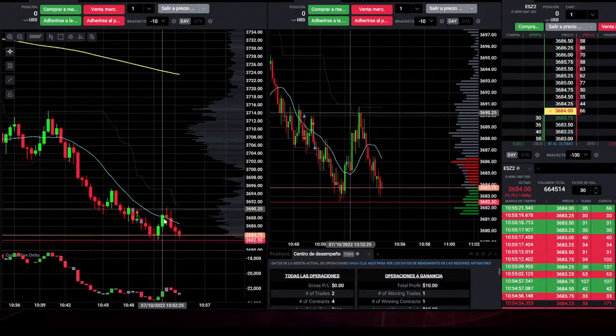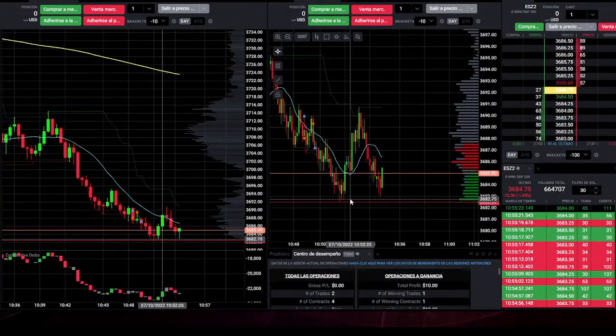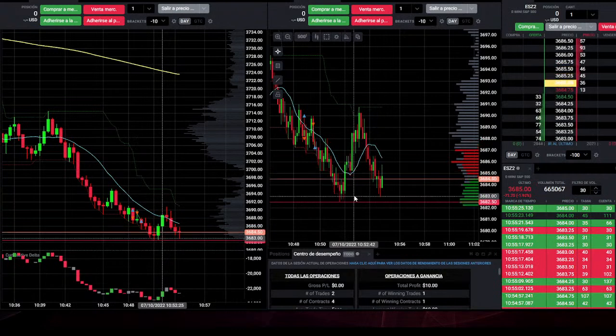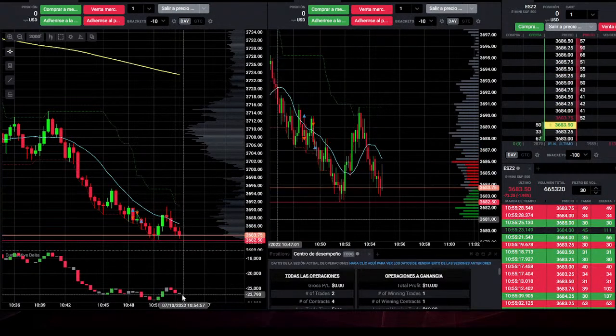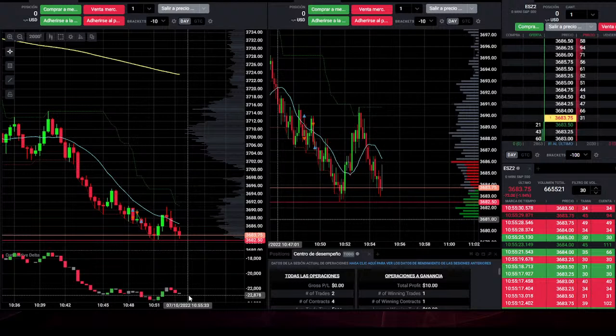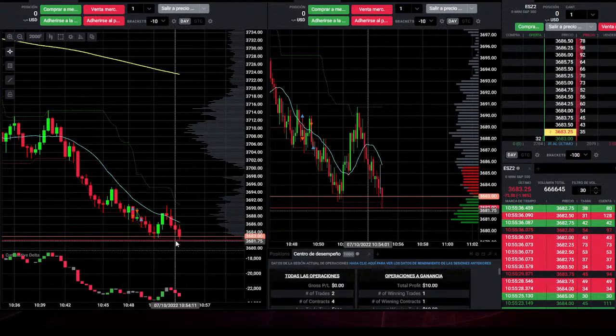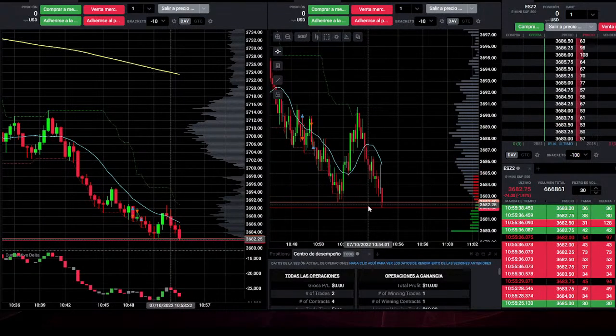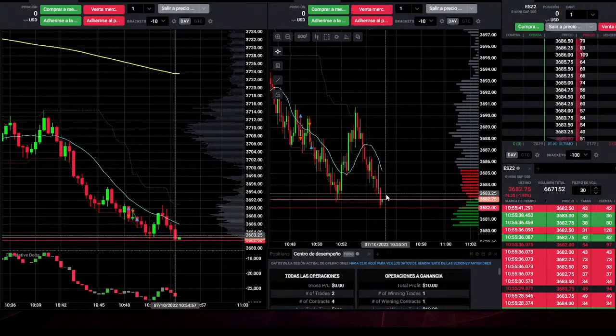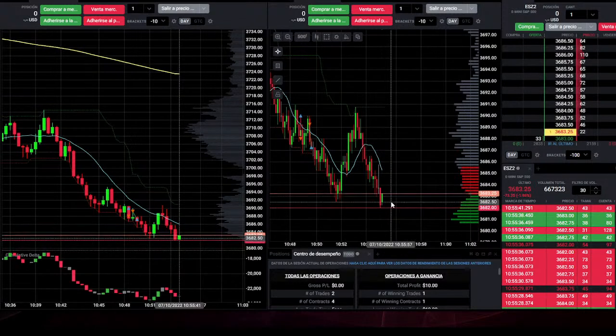Okay, it's approaching lows. Delta's not really approaching lows, so it could be a good indication of a reversal, but perhaps it could break lower before reversing, like just right now. New low. Let's see if we melt or not.